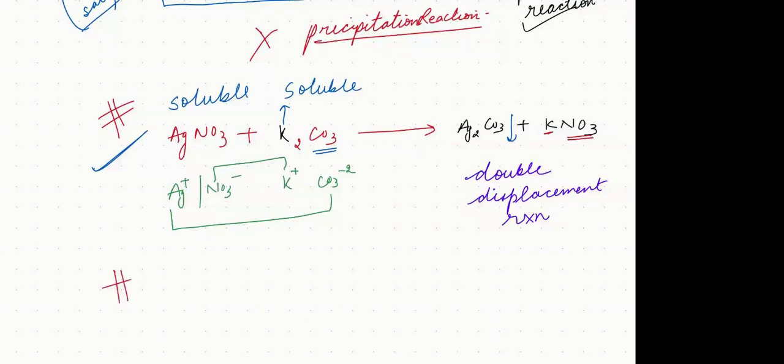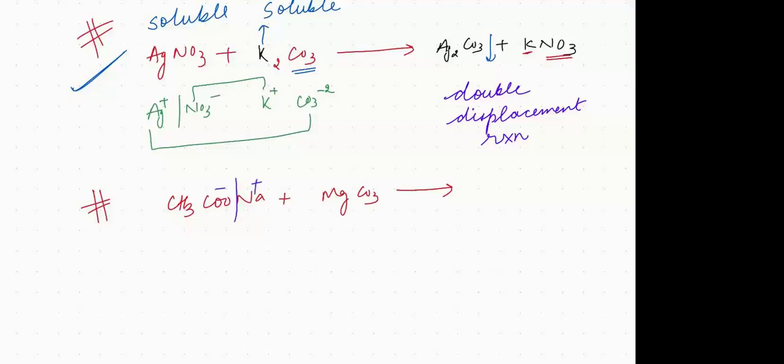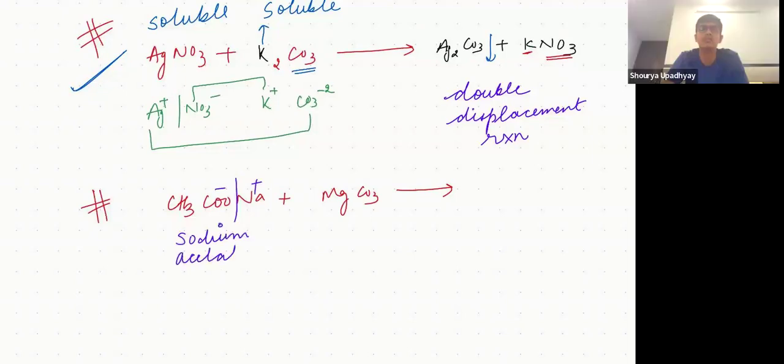Now solve this. If I give you CH3COONa plus MgCO3, tell me. CH3COONa, its name would be what? Sodium. The positive ion's name you write first. So this is sodium acetate and this is magnesium carbonate.